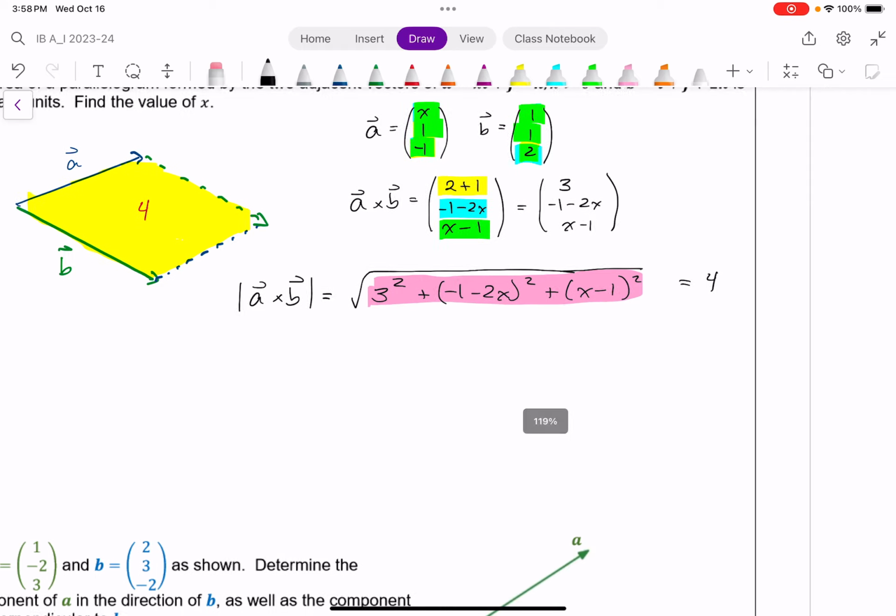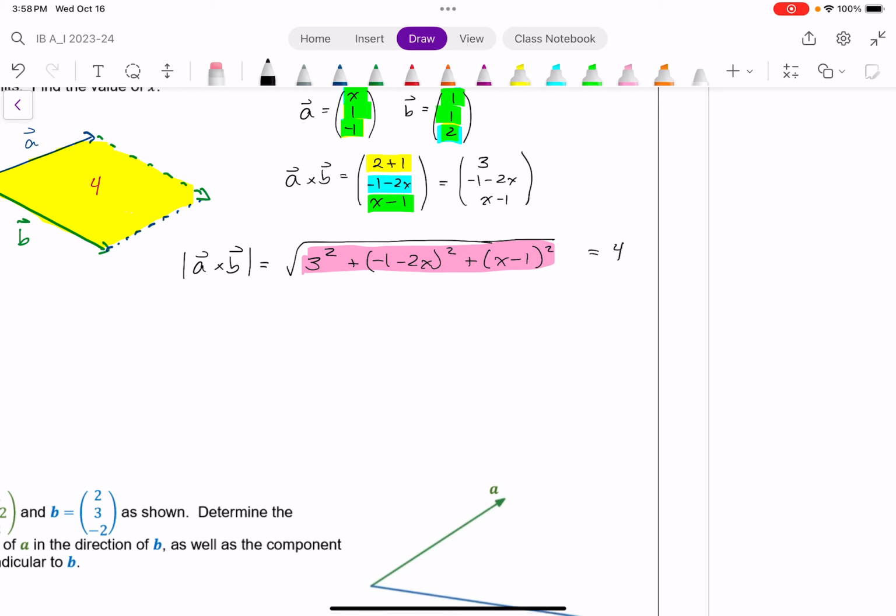And so I can clean this up slightly, although I'm going to go to my GDC pretty soon. If I clean this up a little bit, I get 9 plus 1 plus, I'm just going to expand these binomial squares here, 1 plus 4x plus 4x squared, plus x squared minus 2x plus 1.